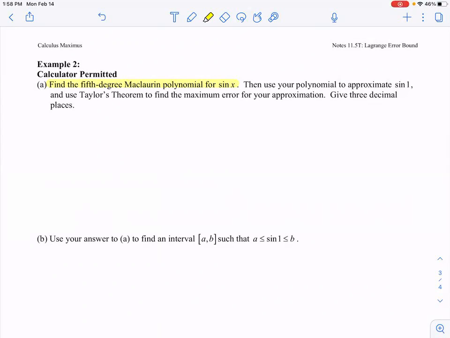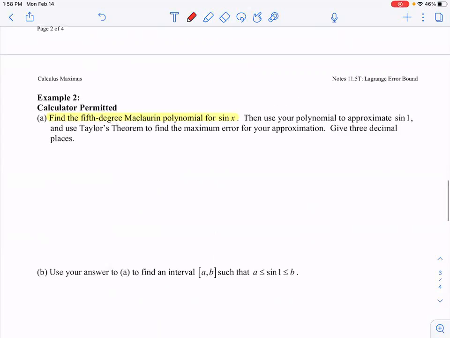Found it. Do we have to write the polynomial? Yes.